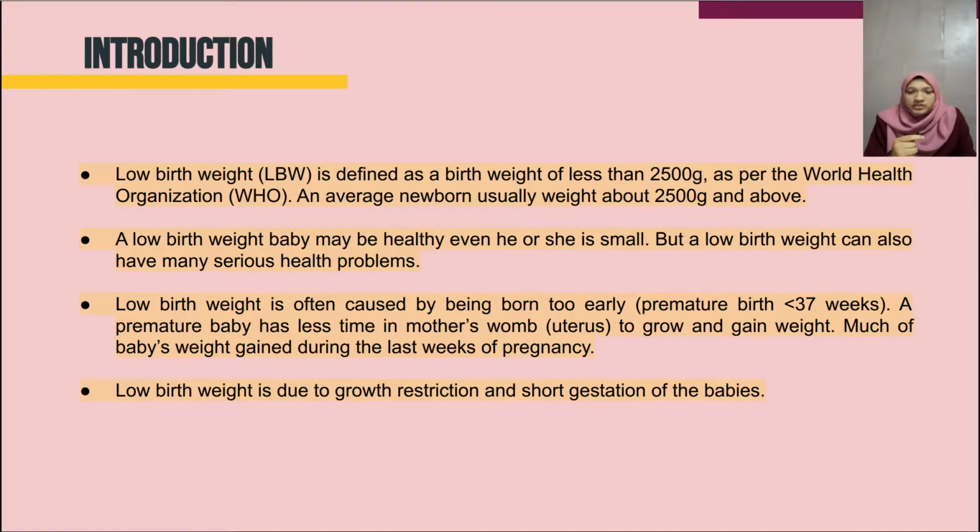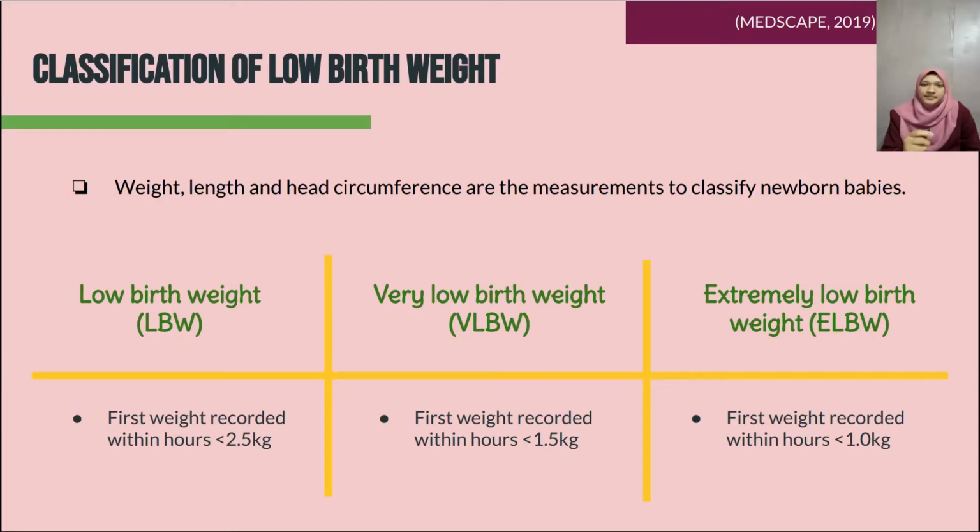This is because the babies spend less time in their mother's womb, which makes them weigh less than normal babies, as most of the babies' weight gain happens during the last part of pregnancy. These low birth weight babies are very susceptible to disease, will have problems and disadvantages growing up, and require close attention and management.